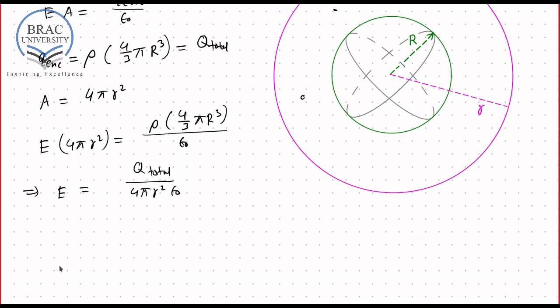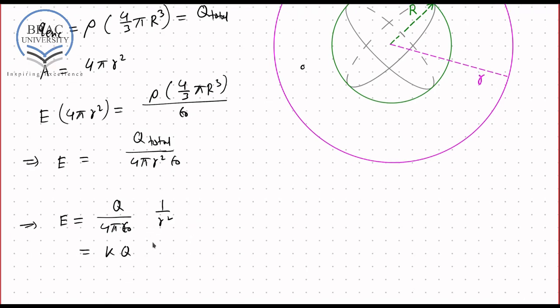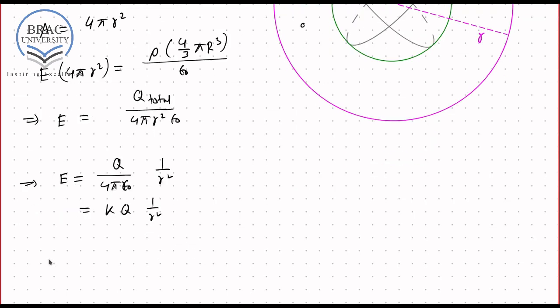If you remember, this is exactly the formula that we always use, that is Q divided by 4 pi epsilon naught, times 1 over r squared. And of course we use K Q 1 over r squared. If you use vector notation, then it's nothing but K Q r hat over r squared. R hat points radially outward. Keep that in mind. And K here is well defined, 1 by 4 pi epsilon naught.